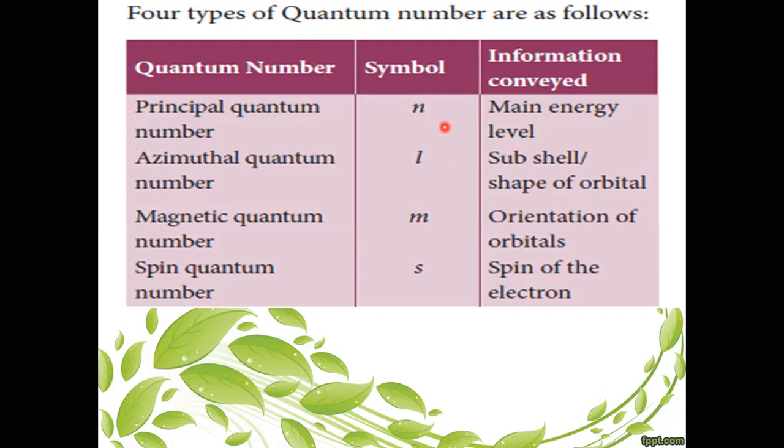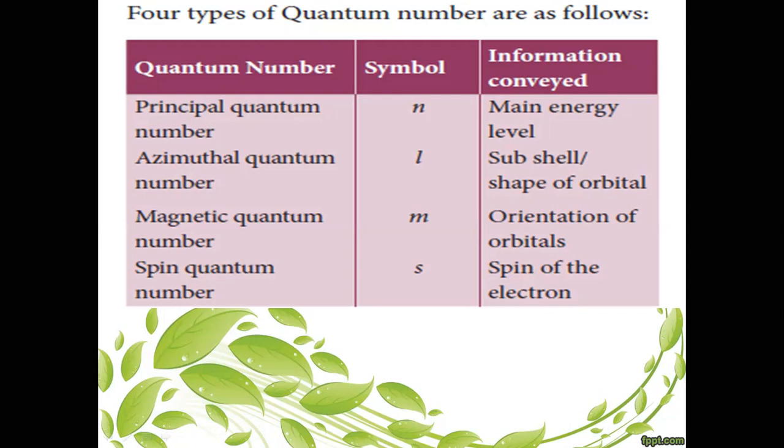So in this class we have discussed isotopes, isobars, isotones, and the laws of chemical combinations. Isotopes are the same element, same atomic number, but different mass number. Isobars are different elements, different atomic numbers, but the same mass number.